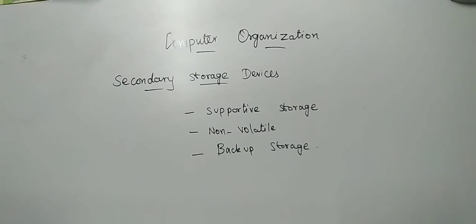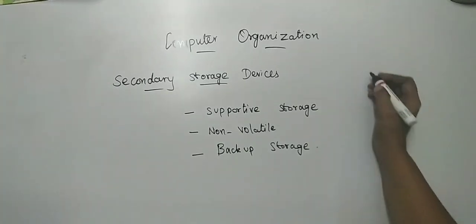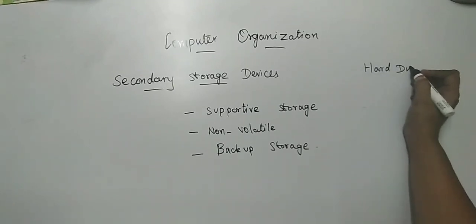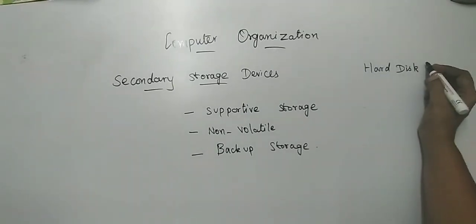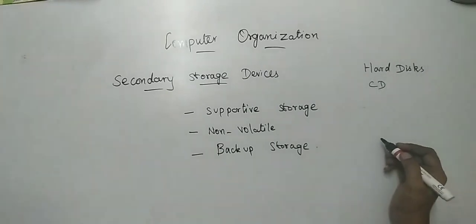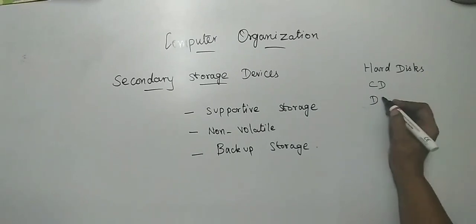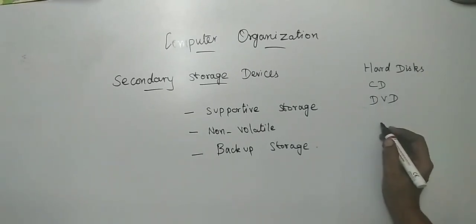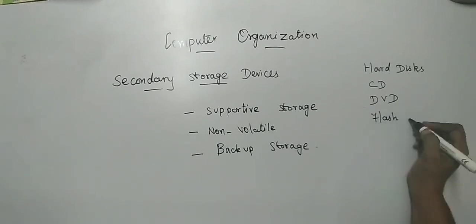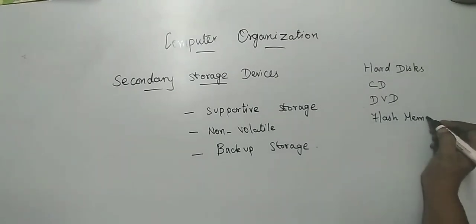Under secondary storage devices, we are going to see the hard disk. The next one is the CD, that is the compact disc. The next one is the DVD, and the next one is flash memory devices.